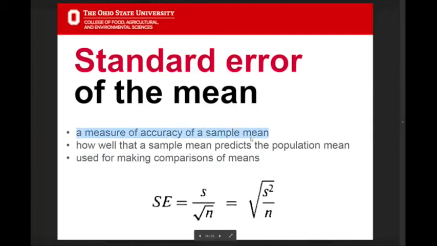There are two components that contribute to how accurate a mean of a sample from a population is.